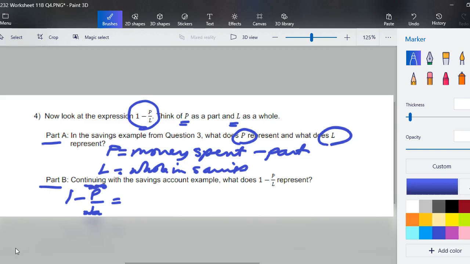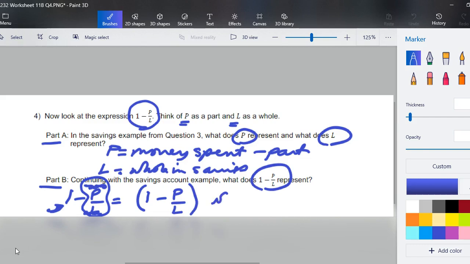I could do it from 100%. And so what does this whole thing represent? Well, if this is what I've spent, and this is what was in the account in its entirety, then the whole thing represents that 75% we had a while ago. So it represents what is left in the savings account.